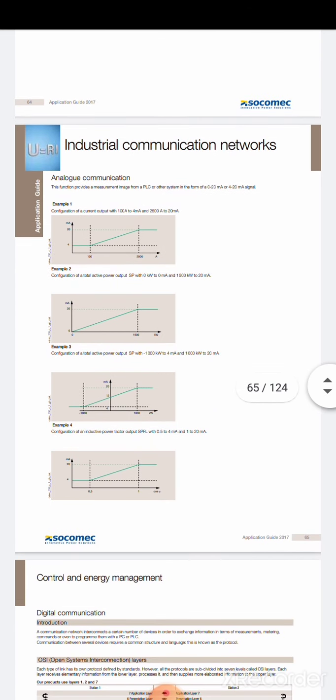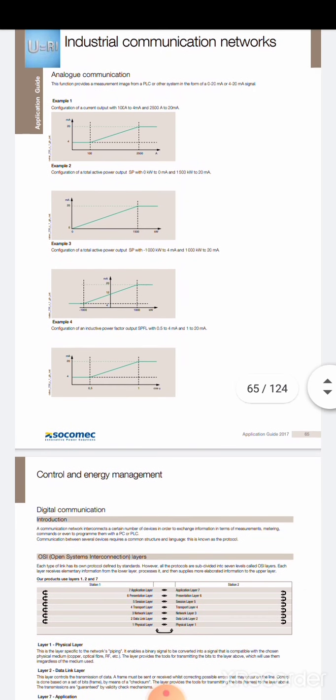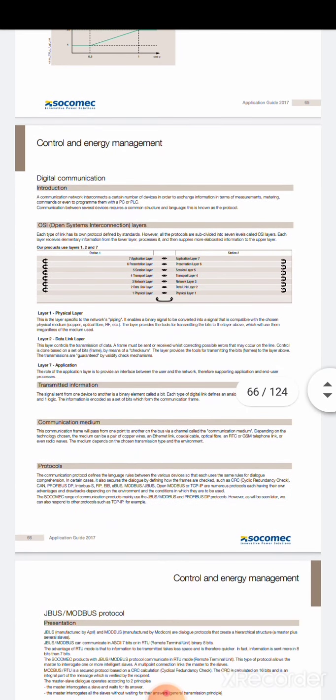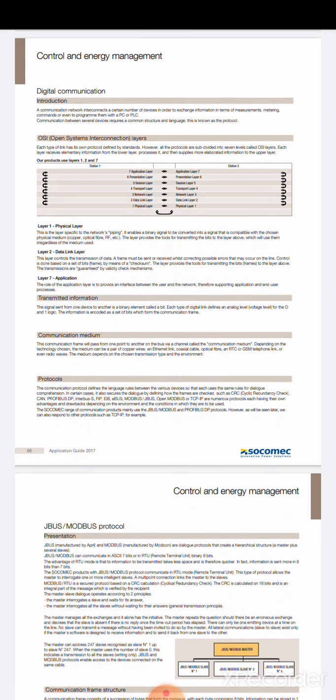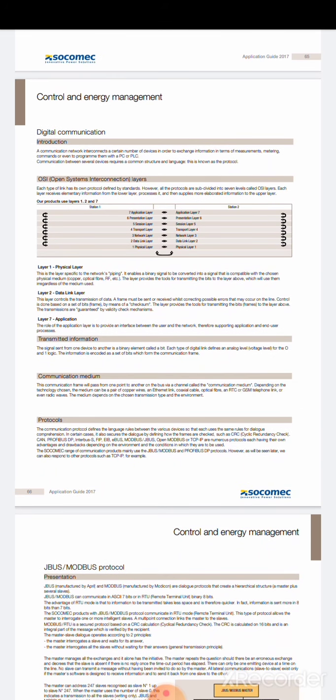Right, so then we saw how the 4 to 20 milliamps, or 0 to 20 milliamps communication signal works. Then the digital communication part, open systems interconnection, OSI, and all the Socomec products use layers 1, 2, and 7.